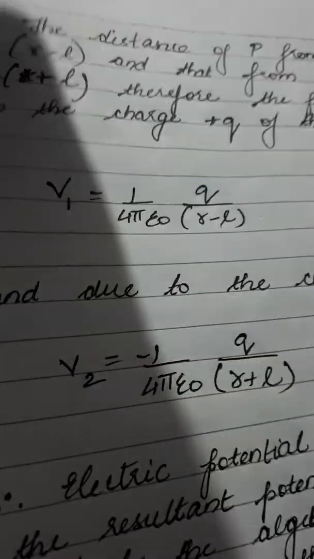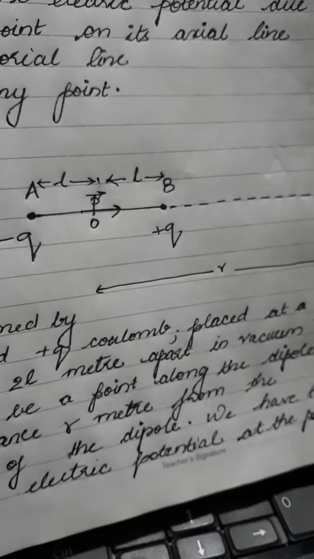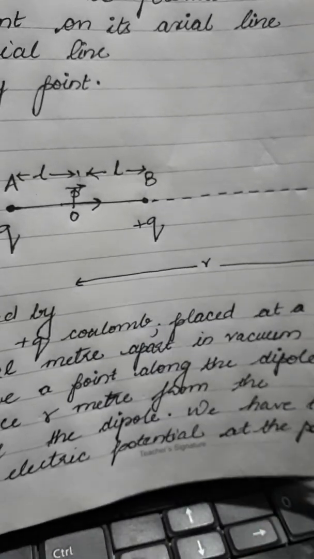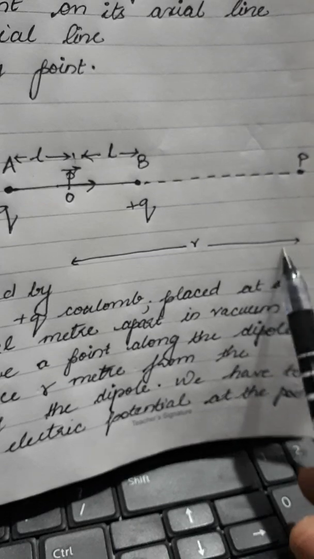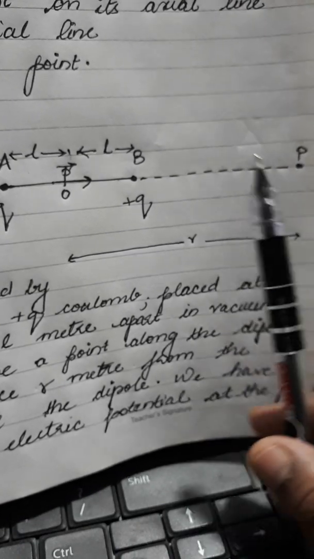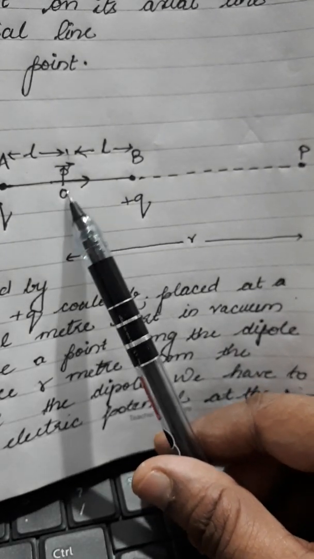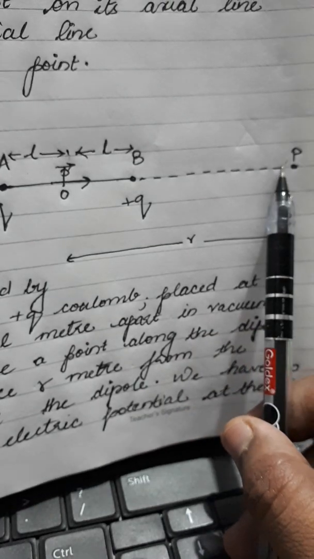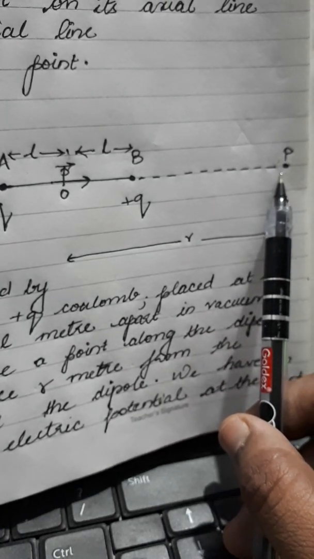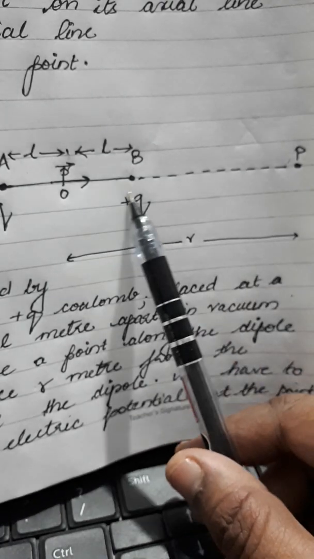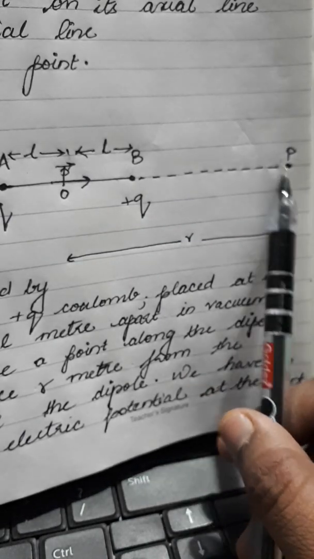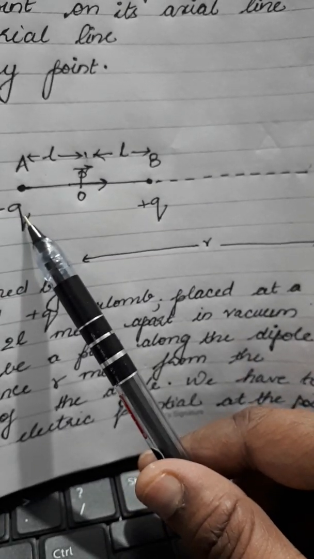Once again we'll consider the distance of point P, this is point P and this is O, the distance of point P from this charge and from this charge, minus Q charge.